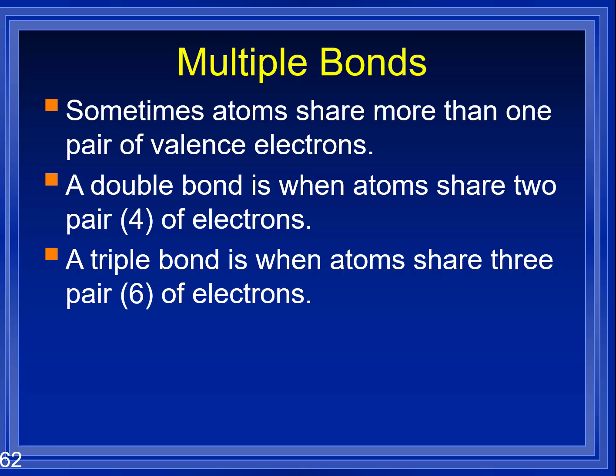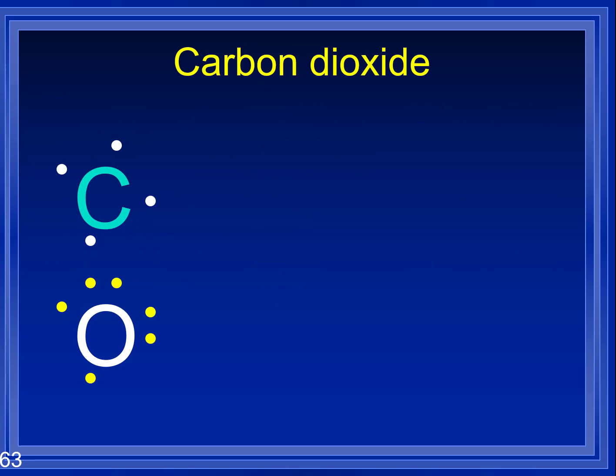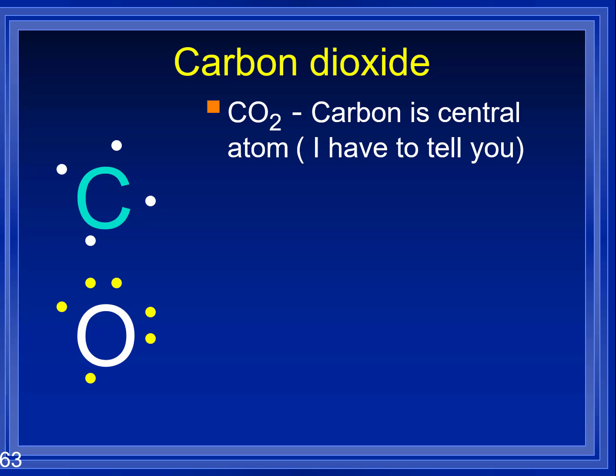Hey, to give you an example of where this works: carbon dioxide. The formula for carbon dioxide, carbon, 2 oxygens, is CO2. Right now, I said I have to tell you.